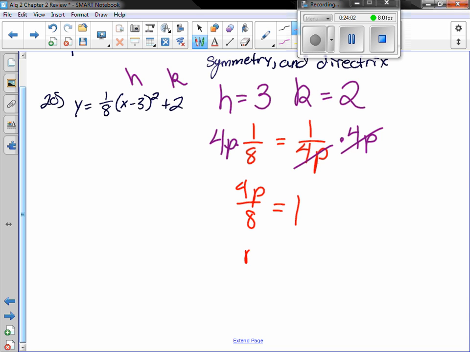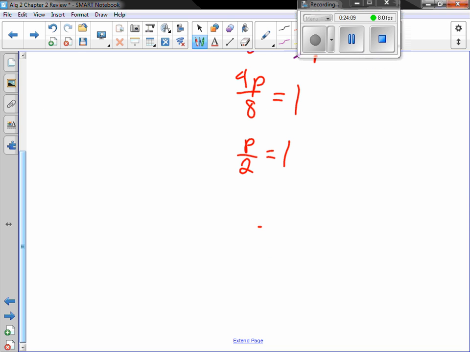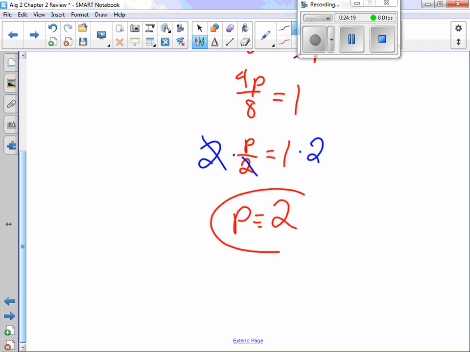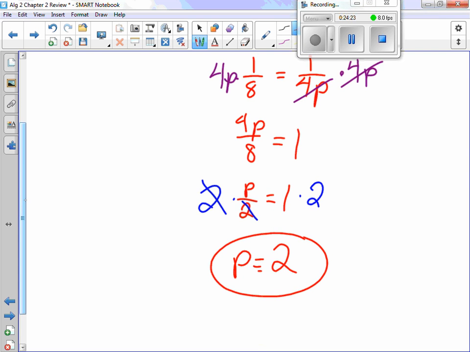Well, 4p over 8 will reduce to p over 2. And last but not least, we need to multiply both sides by 2. We're doing the opposite because they're dividing here. We need to multiply. And we get p is equal to 2. We get the value of p is 2.